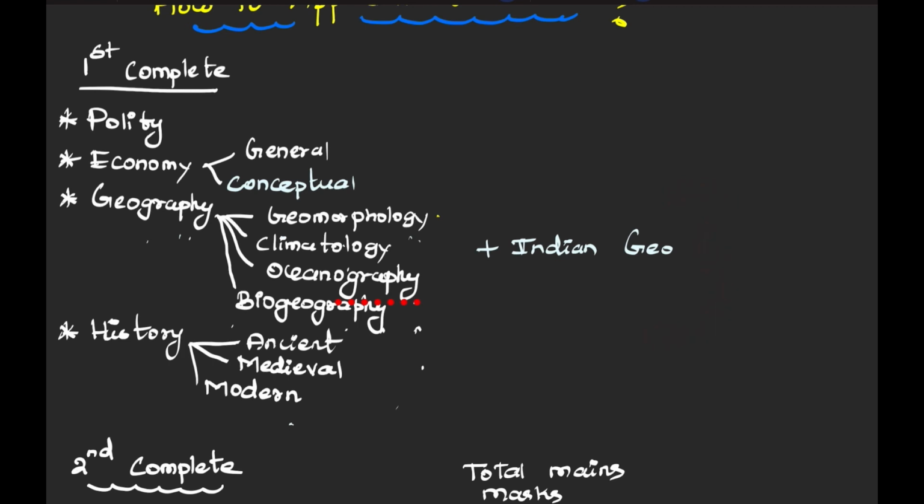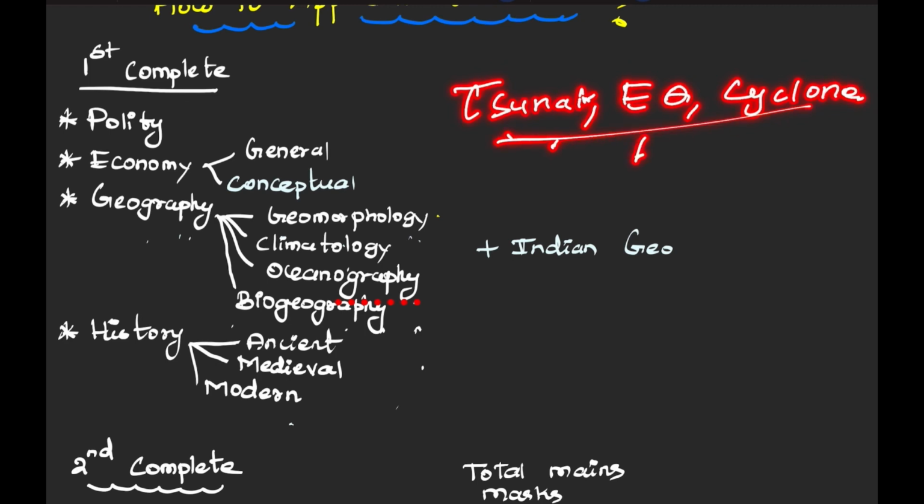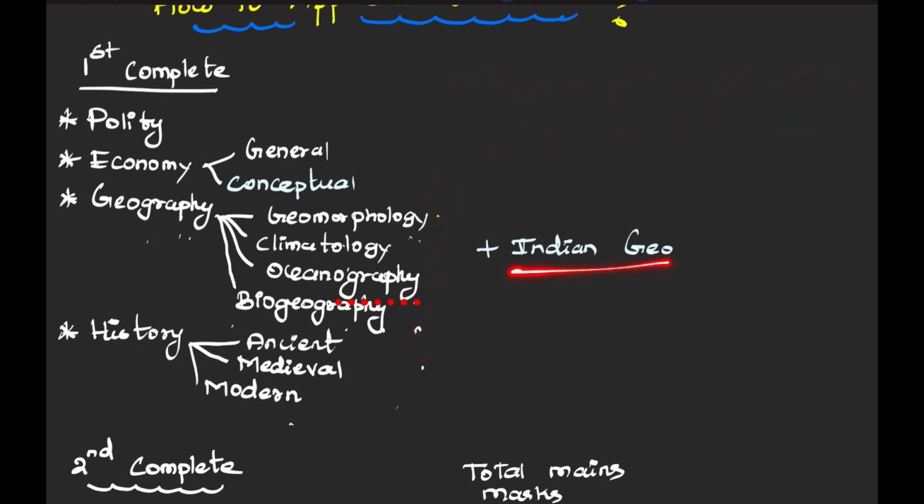For example, in the mains syllabus sheet you would have seen tsunami, then earthquake, then cyclone, right? Then what else? There are a lot of topics. Everything comes under these 4 only. Then you should focus on Indian geography too, important for prelims. So you should completely study geography.